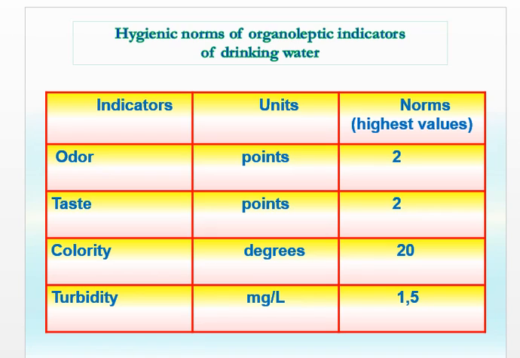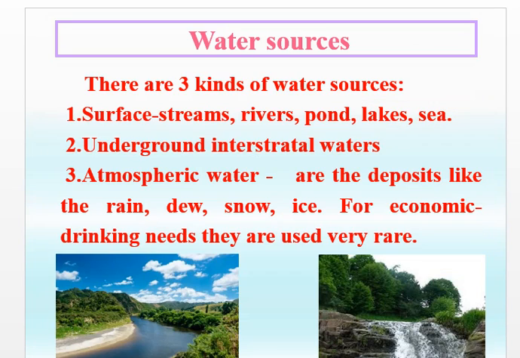On this table you can see indicators, units, and norms, highest value. For example, you can see four indicators: odor, taste, colority, turbidity, and highest value. These are the norms of organoleptic indicators.